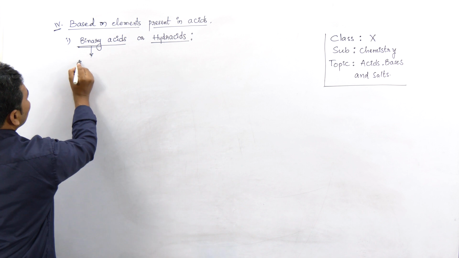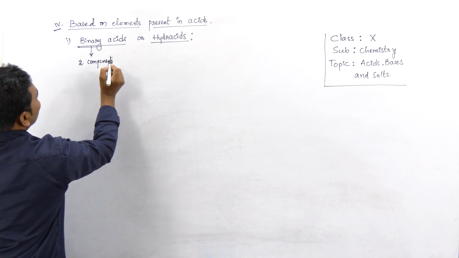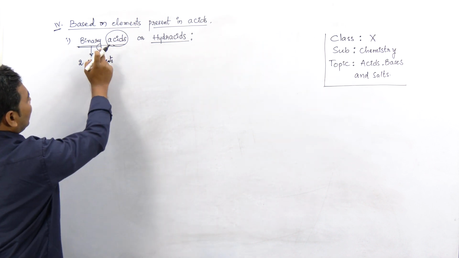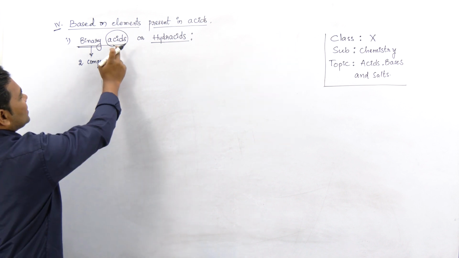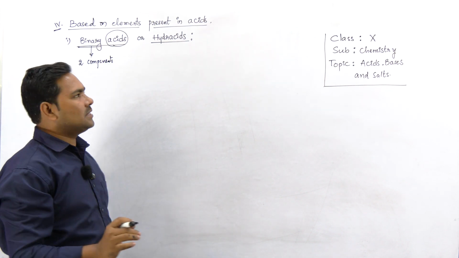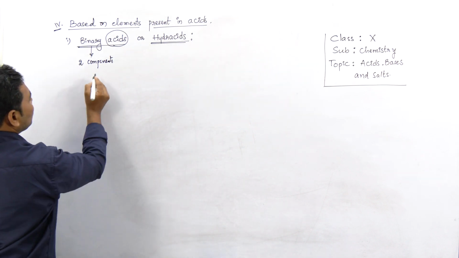Binary means two components. So in this context we understand acids that have two elements. The acids that contain two elements are called binary acids. These binary acids are also called hydracids.